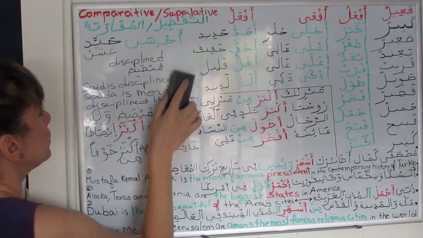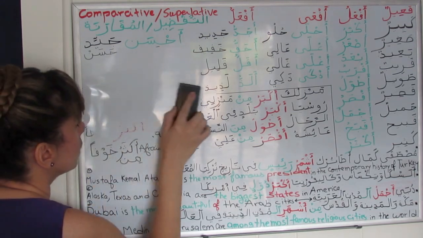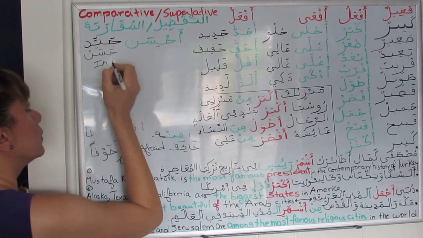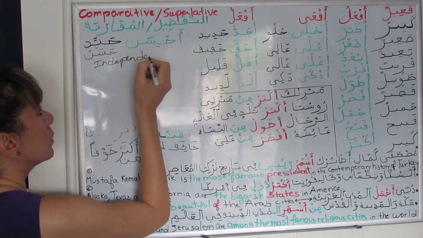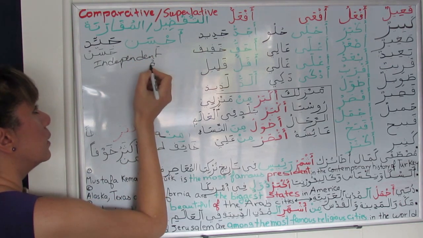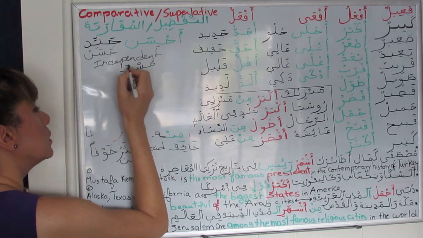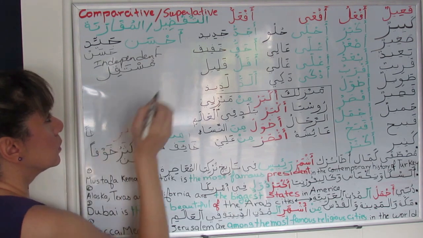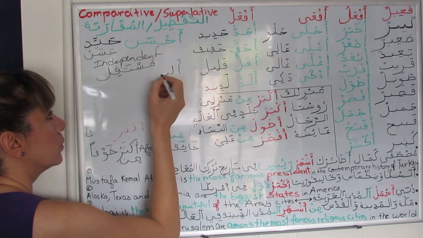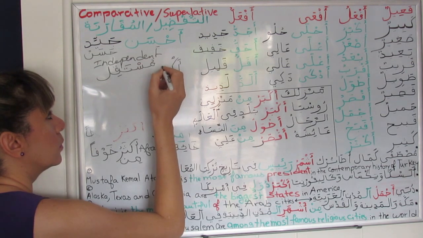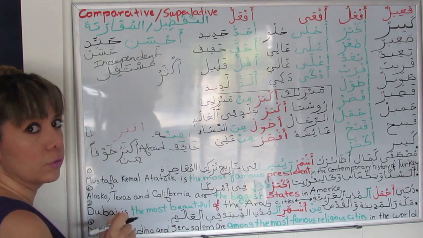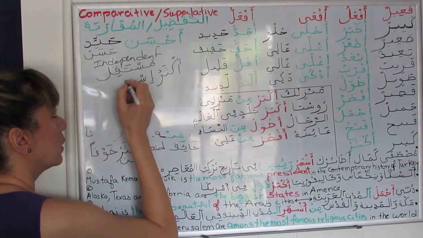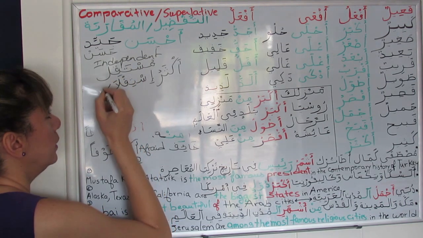Another example. Independent. مستقل. So we say أكثر, and the verbal noun of مستقل, استقلالا. استقلالا من.